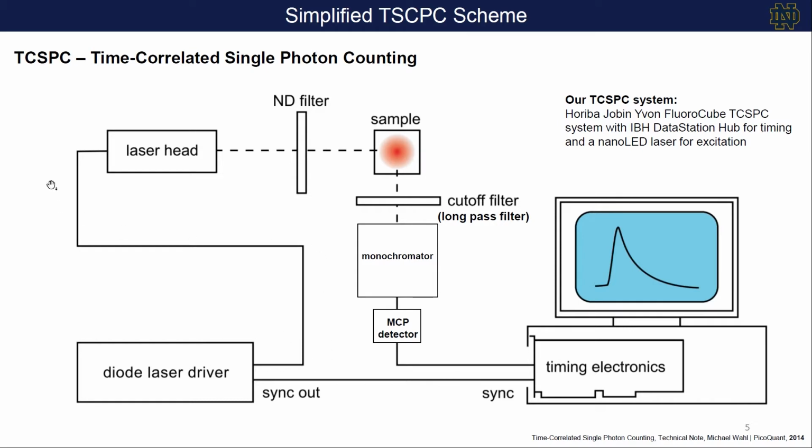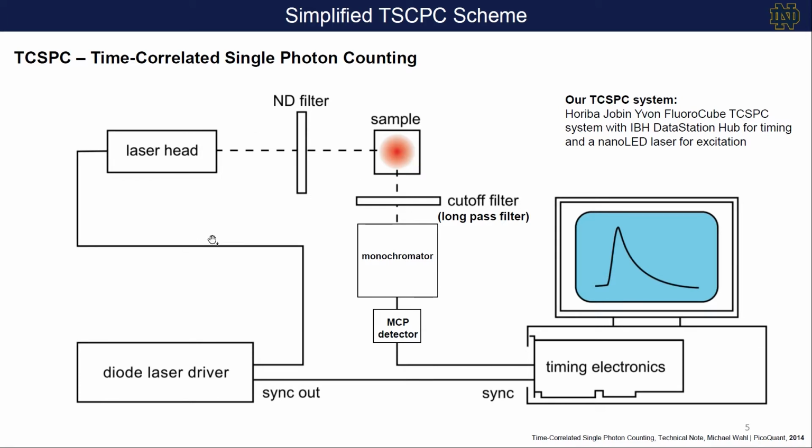If we follow the signal to the laser, that's going to trigger the laser to send a pulse of light. Typically you can have that go through a neutral density filter if you want to attenuate it and bring down the power. But essentially that light is going to hit our sample. Our sample is going to be excited up to a higher excited state, and then at some time it's going to fluoresce and give off photons of emission, and those will go through a cutoff filter.